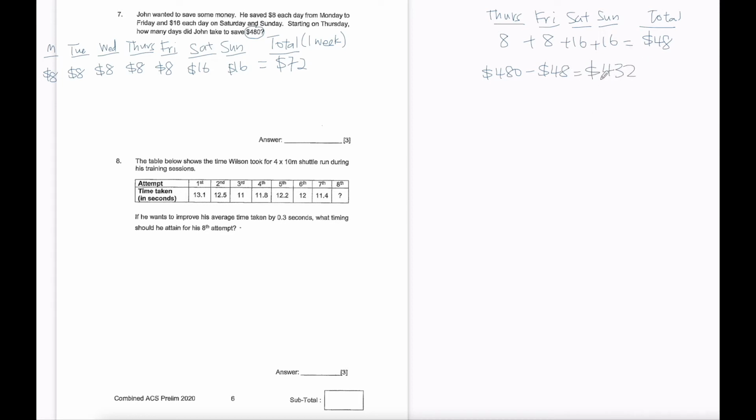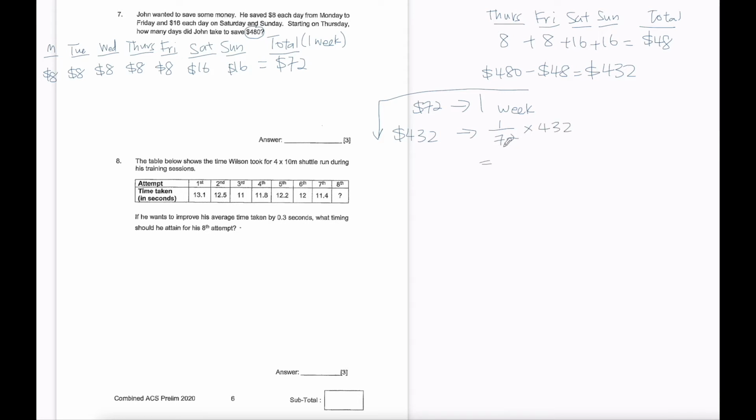So now, from now on, we can divide it by $72 to find out how many weeks he took after that. Okay, so 1 week, he can save $72. And if I want to find out how many weeks John took to save $432, I just need to do 1 over 72 times 432.